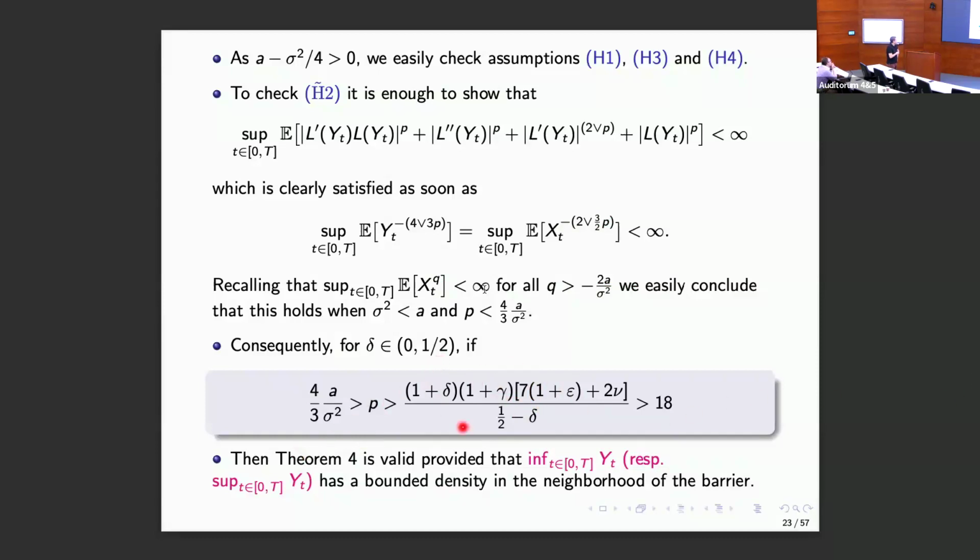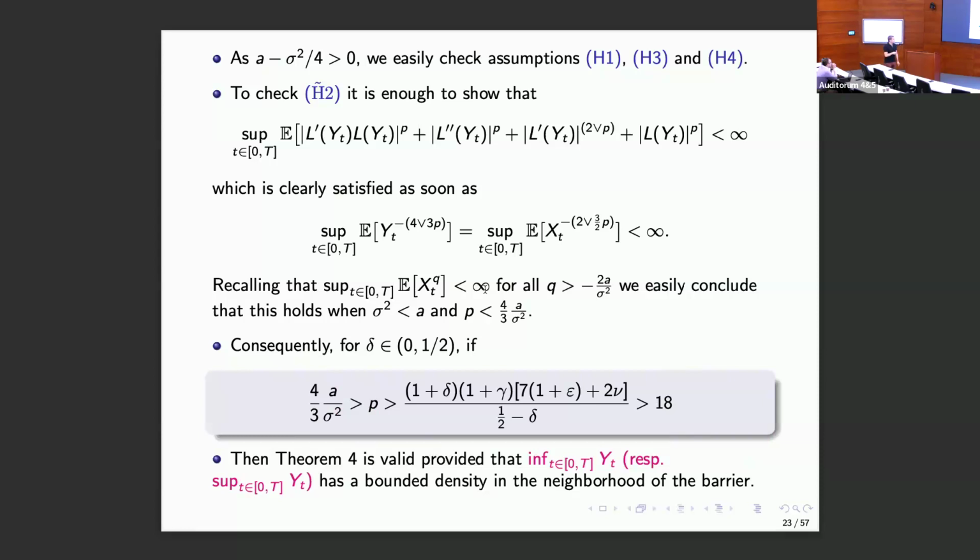If we choose A and sigma such that this condition is satisfied, meaning slightly larger than 18, it is quite restrictive, but still works. Of course, then you are in the setting of the main theorem I showed before.